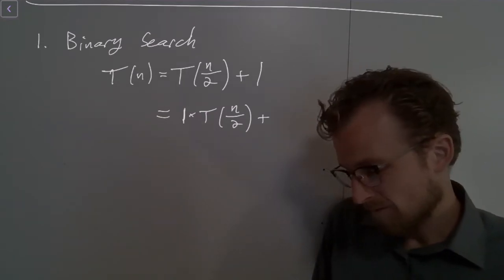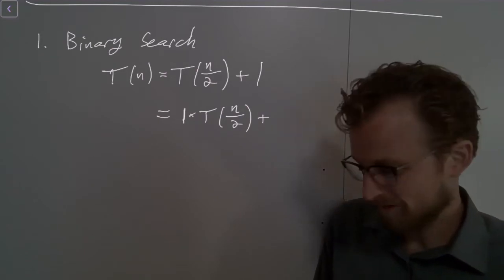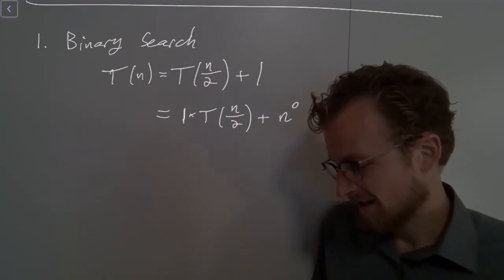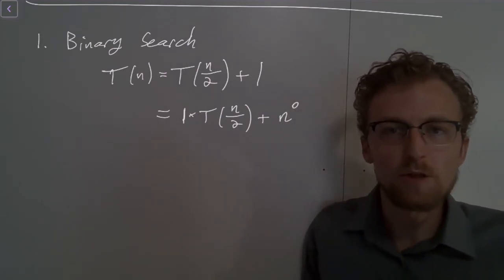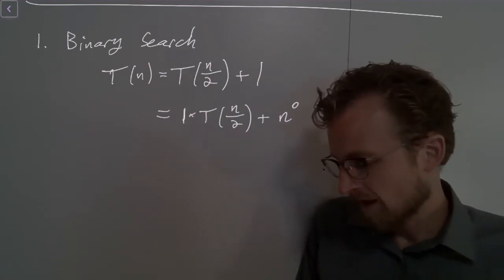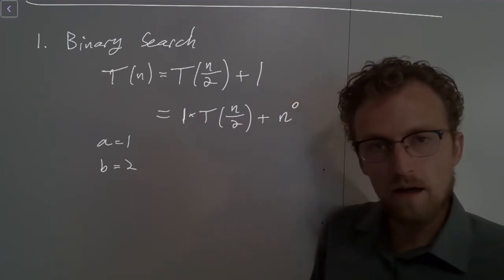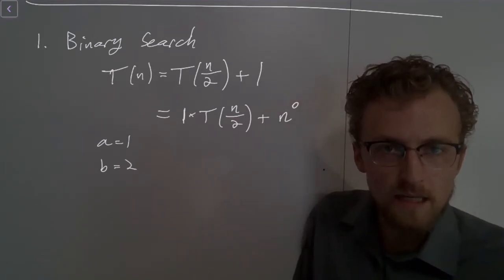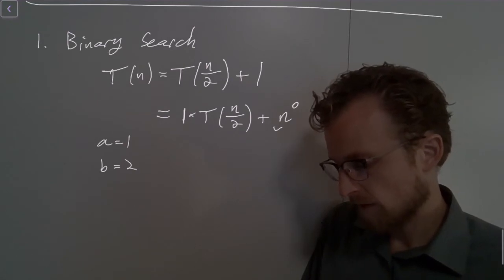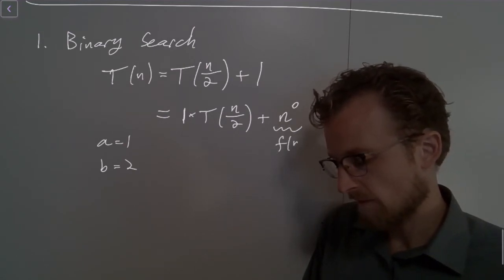How do you do that? Well, that's just n to the 0, right? So this is 1 times T of n over 2 plus n to the 0. Okay, and so a is 1, b is 2, and f of n is n to the 0. So this piece here is our f of n.